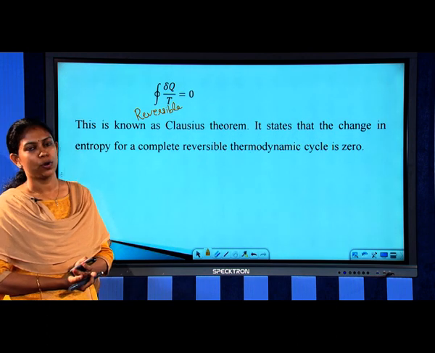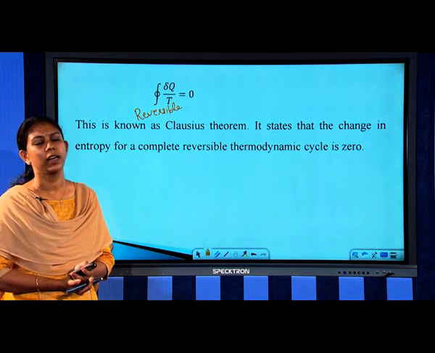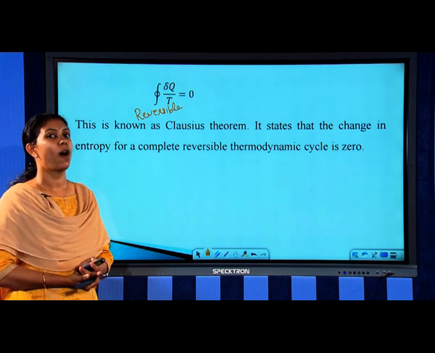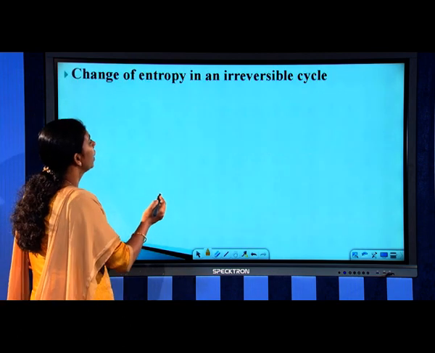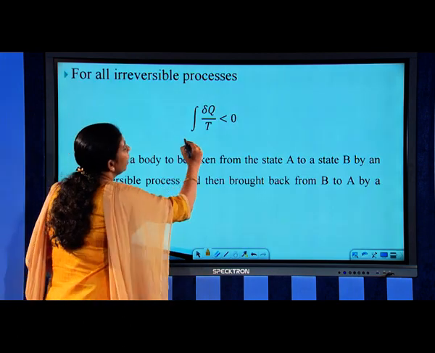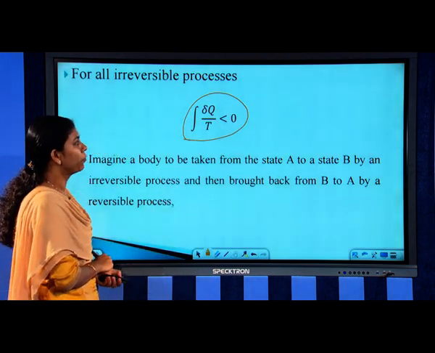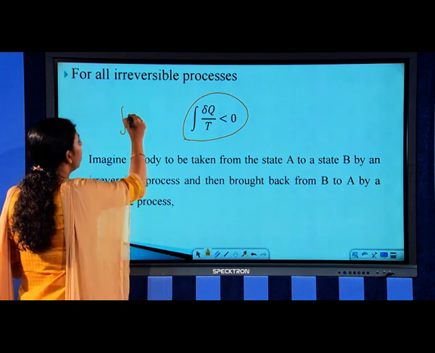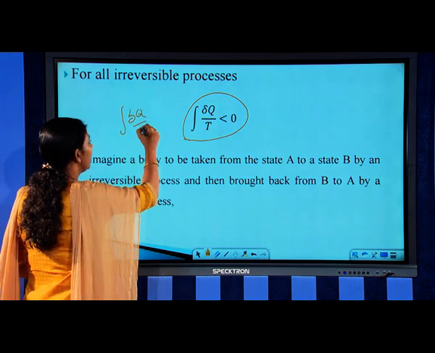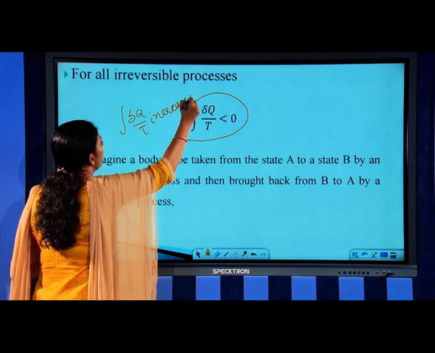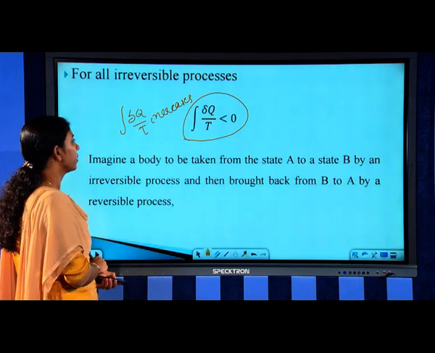But in nature, almost all processes are irreversible. In an irreversible process, it is found that the integral of delta Q by T is less than 0. That is, the negative part of the integral of delta Q by T increases.